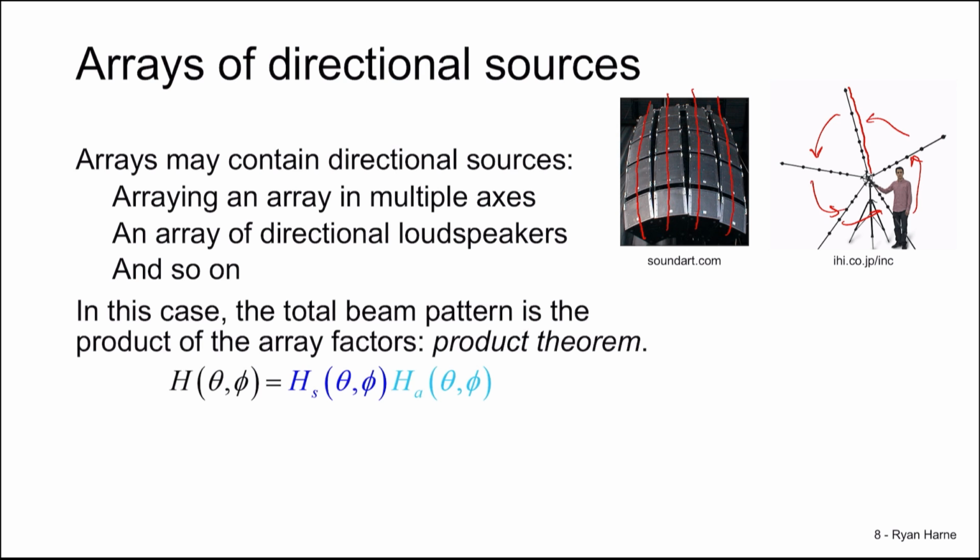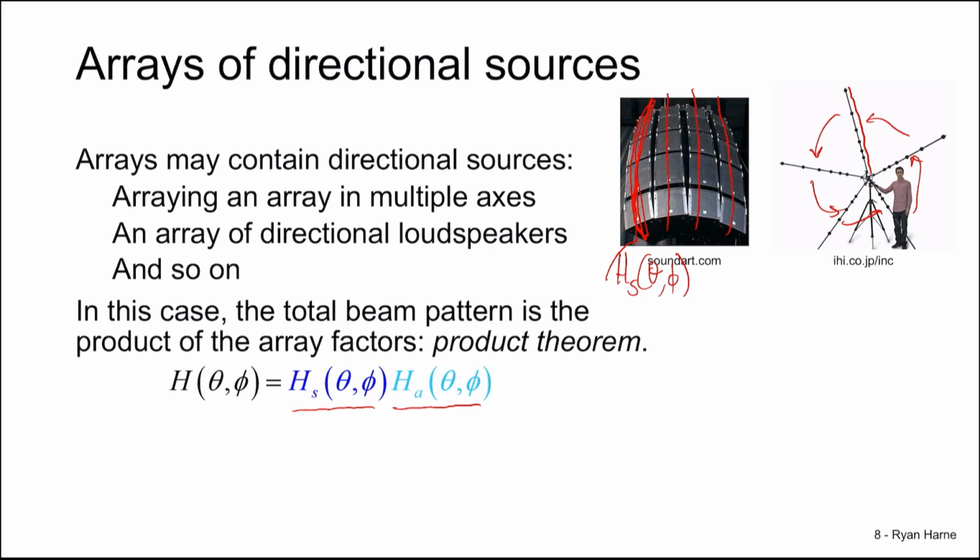So what is the total beam pattern? Well, it's the product of the array factors. In other words, we take the beam pattern for one array and then multiply it by the beam pattern due to the other array axis. So in the case of the loudspeakers, we would determine h of s, theta, and phi for this loudspeaker array.